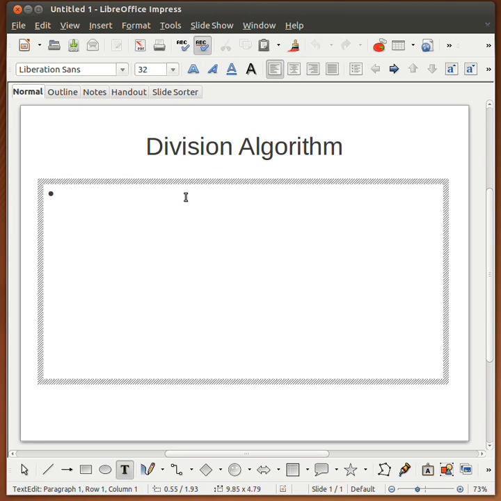So the division algorithm, simply stated, is like this. Dividend equals divisor multiplied by quotient plus remainder. This is familiar material which we know from our high schools, but I will visit this with a few examples.